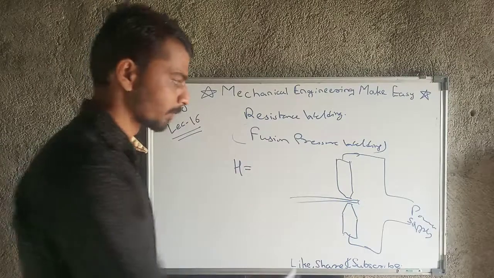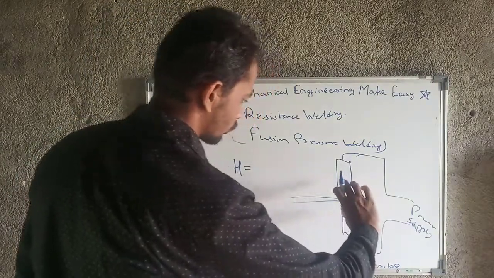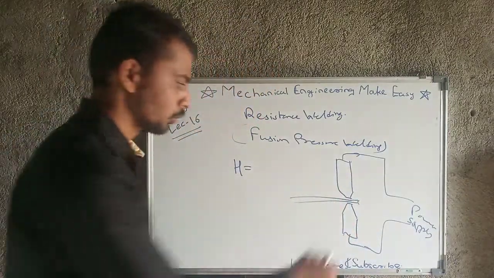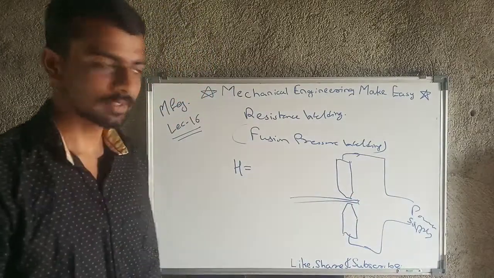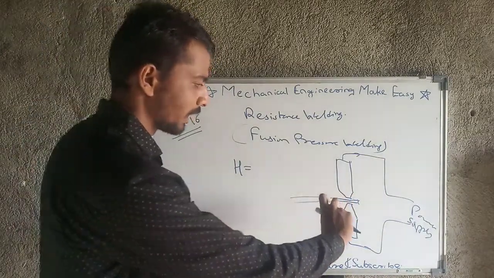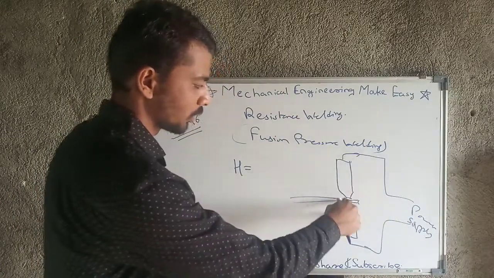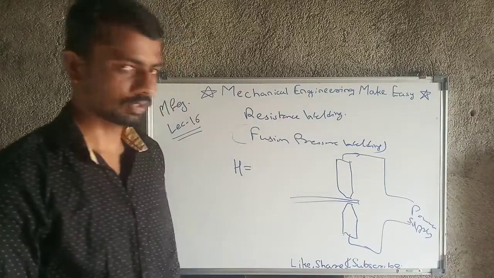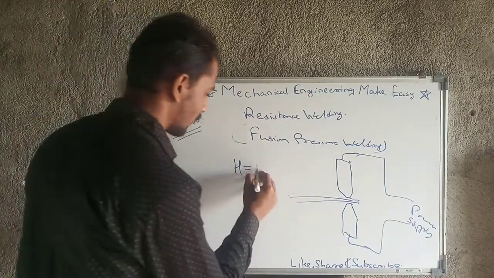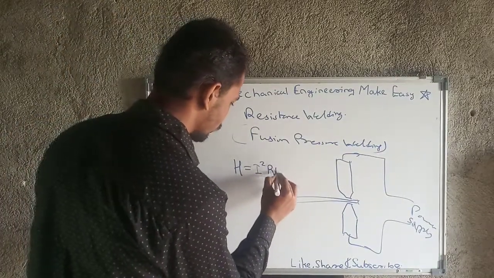And what happens, we will press these electrodes to decrease the gap, and ultimately if the gap decreases, pressure will be applied to the plate, and as the power supply is given to both electrodes, the heat will be generated there. Okay, and that heat will depend on I square RT.